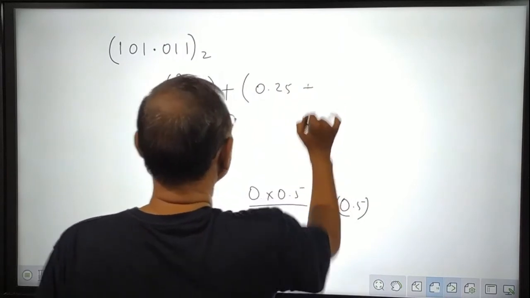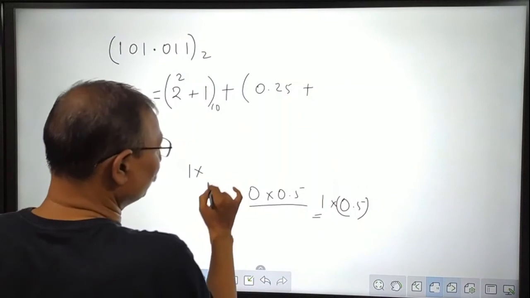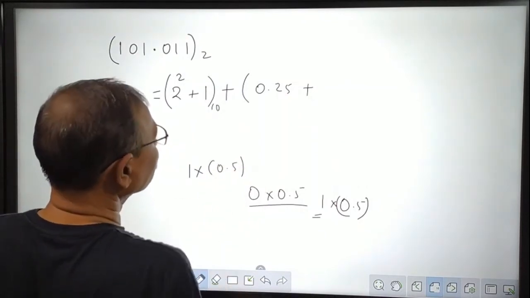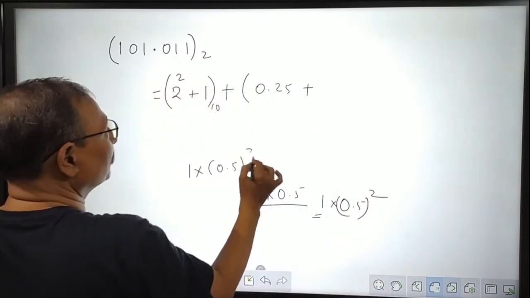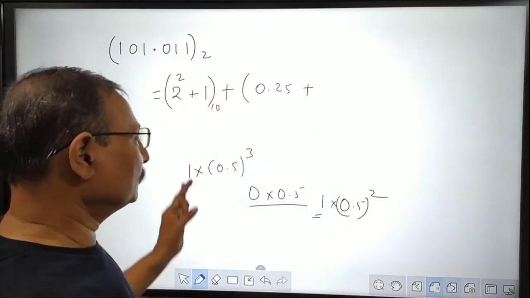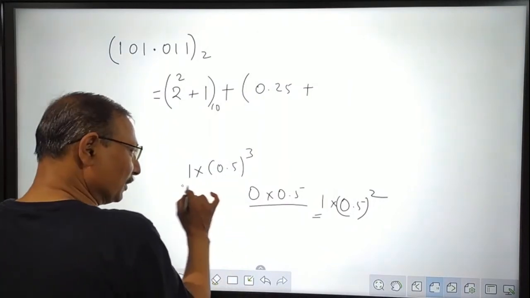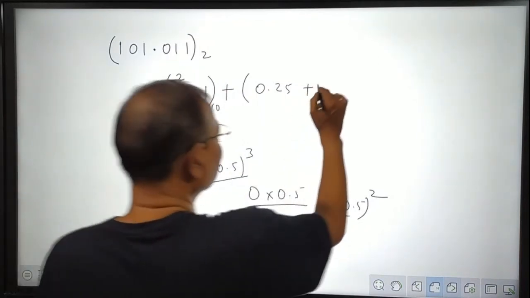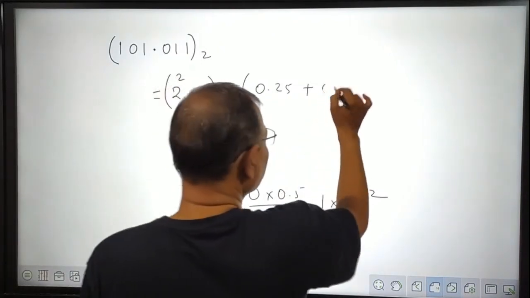Now this 1 is supposed to be multiplied by 0.5 cube. This was 0.5 square, this one is 0.5 cube. And we know that if any number is multiplied by 1, it never changes, so it will be equal to 0.5 cube, that means 0.125.